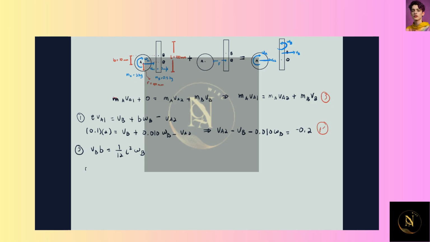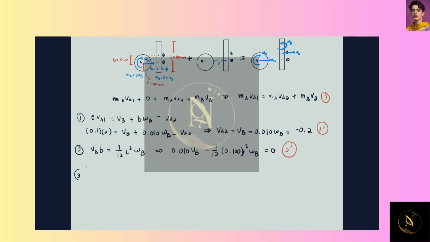Substituting the values, we can write this as 0.010 vb, then transposing the term on the right hand side to the left side of the equation, minus 1 over 12 times 0.100 squared omega b equals 0. So this is our equation 2 prime.